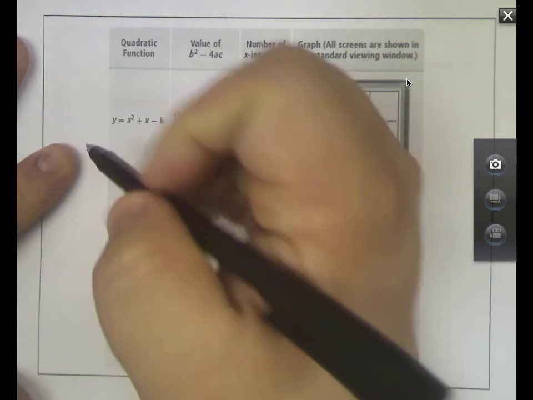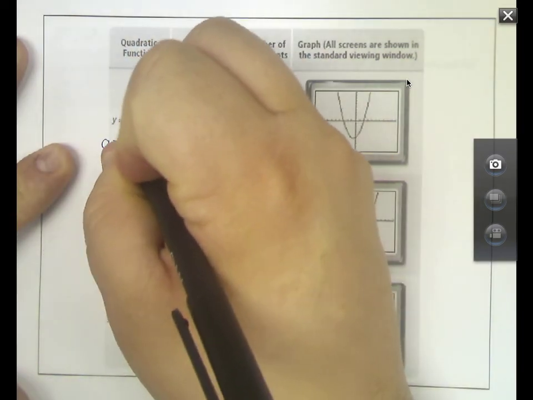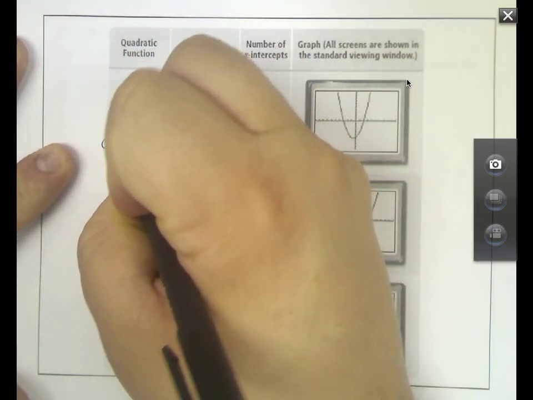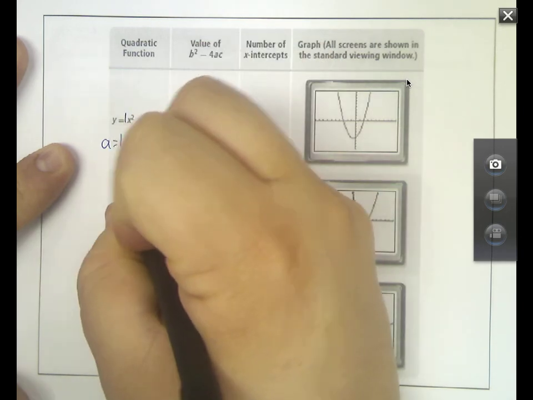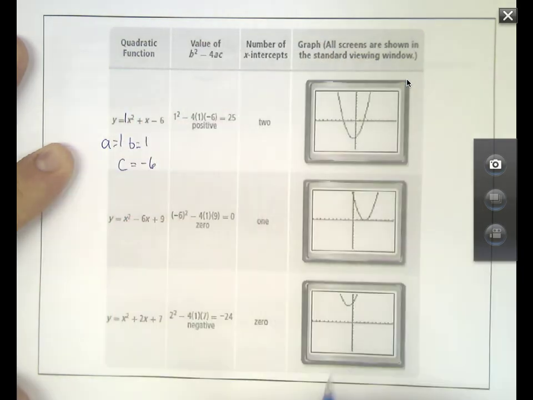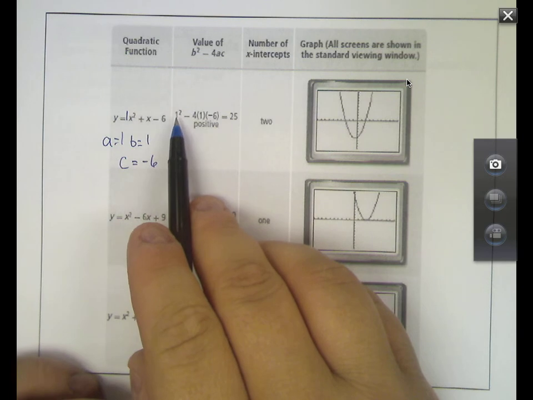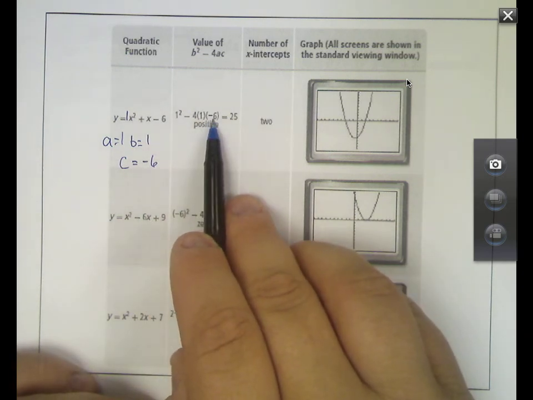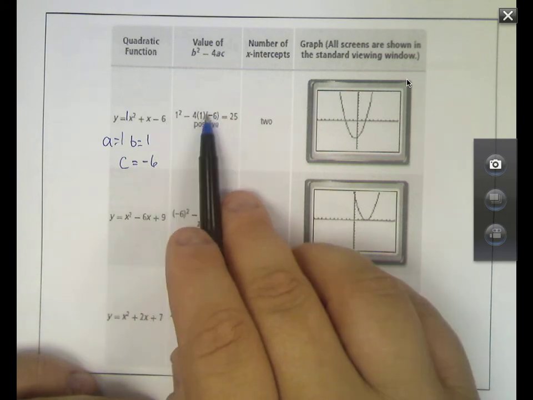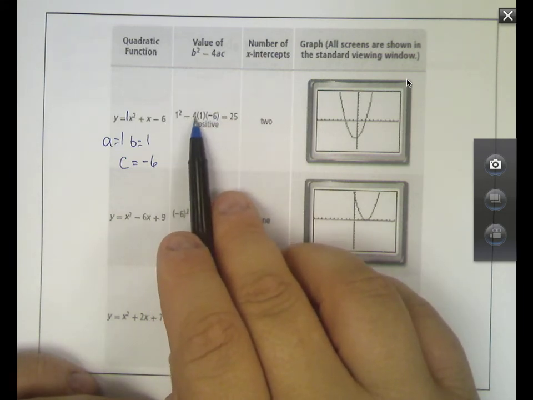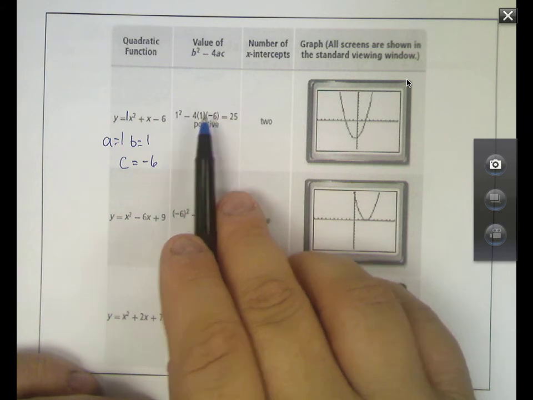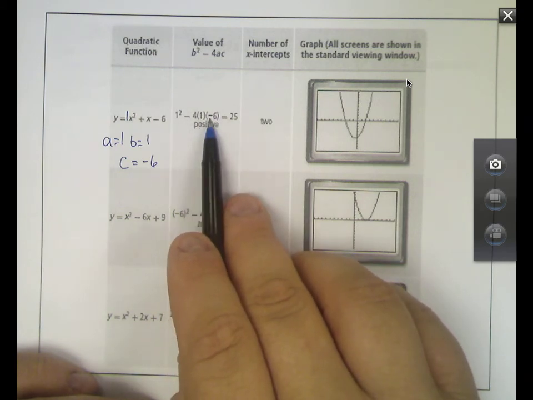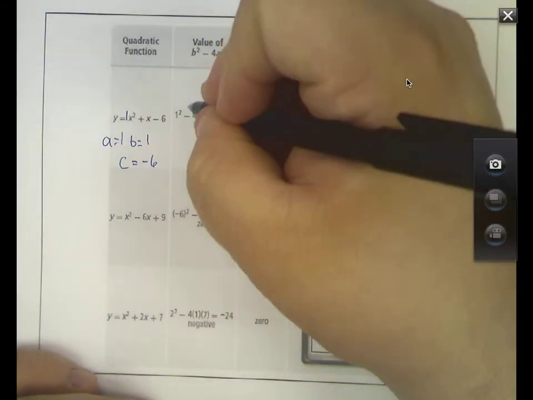Here are different types of functions, okay? If you look here, my A is 1, my B is 1, my C is a -6. So they put 1 in for B, 1 in for A, and a -6 in for C. They did the math. 1 squared minus 4 times 1 times a -6.